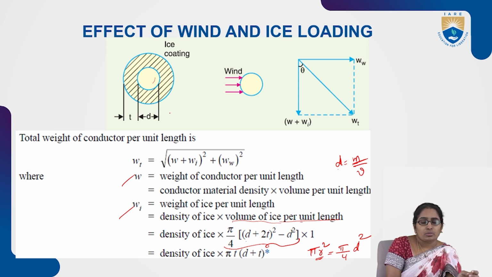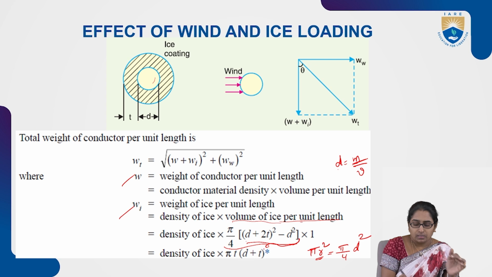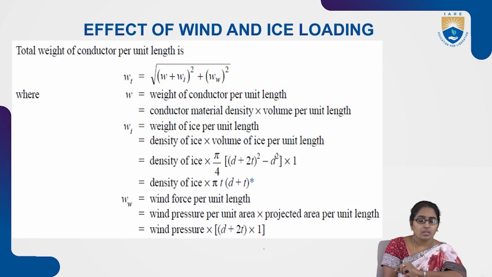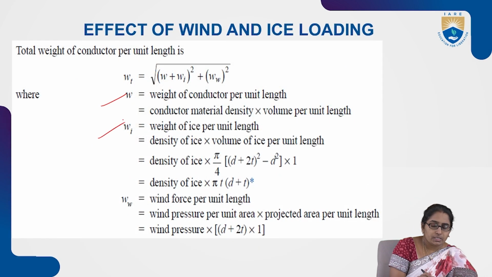So pi by 4 times (d plus 2t) whole square, from that we subtract the area of the conductor diameter. If we simplify this, we will get the area of the ice coating as pi t into (d plus t). So this one we have seen.